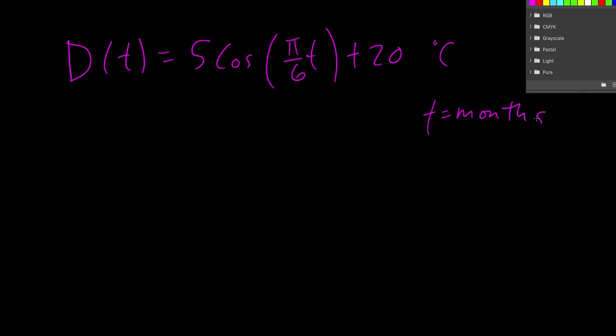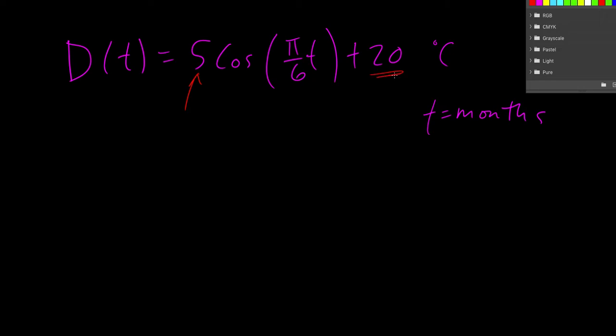Cool. So the first thing is they want us to sketch a graph of D from 0 to 24. And so we want to use stuff from our previous videos to do that. Right here, we know the amplitude is 5. That means from the center point, it's going to be up 5 and down 5.